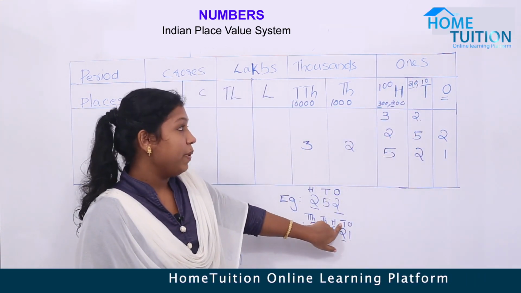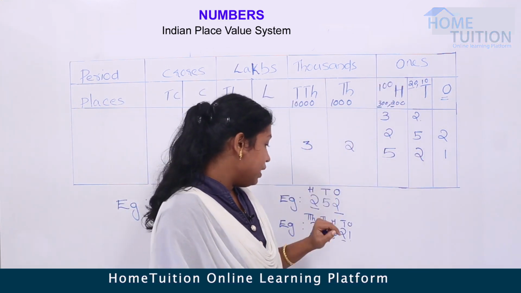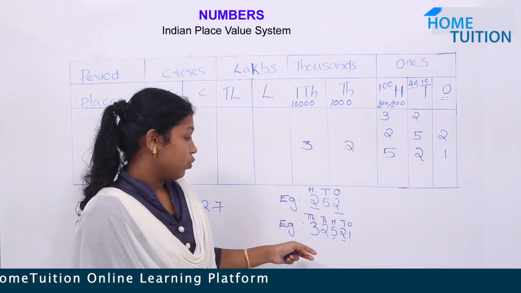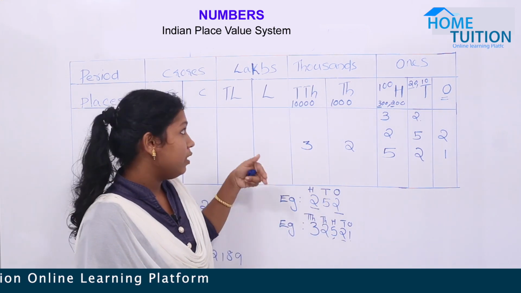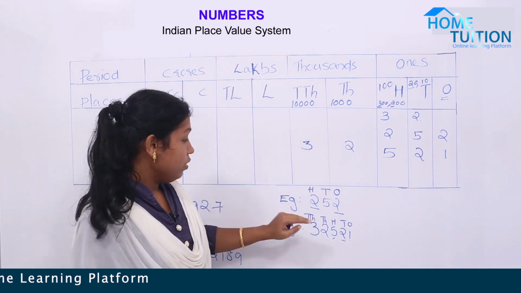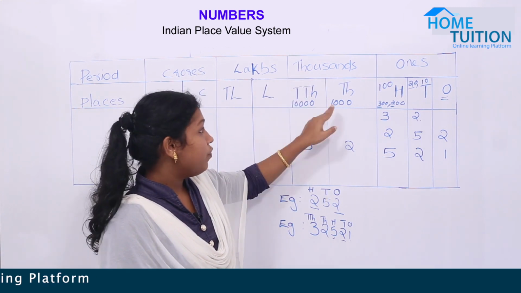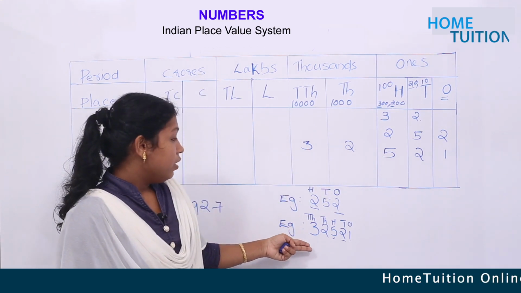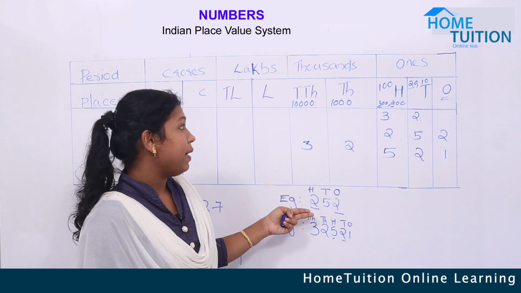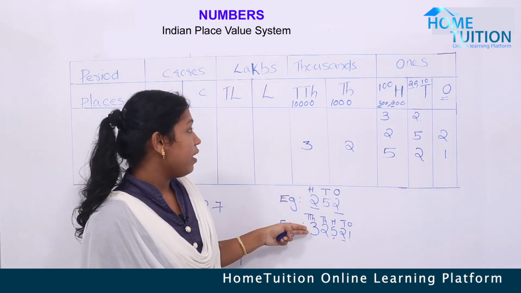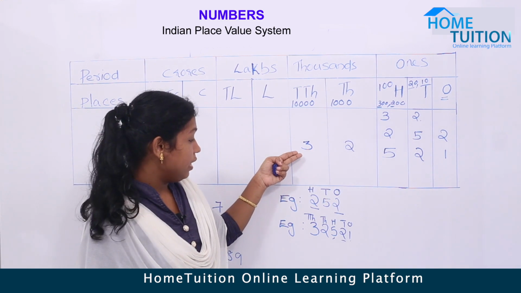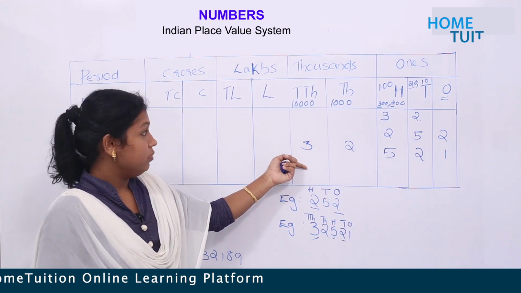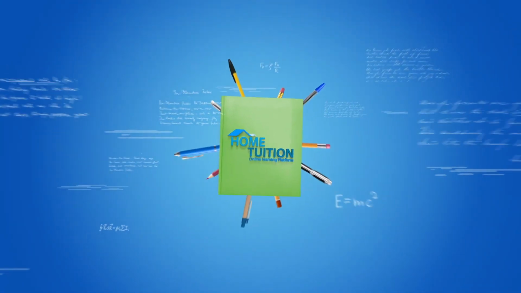Then 2 in the tens place, and 5 in the hundreds place, all belonging to the ones period. Then 2 means thousands, the second period. So 2 is written in the thousands place. Then the last, fifth place belongs to ten thousands, so 3 is written in the ten thousands place, that is 30,000.